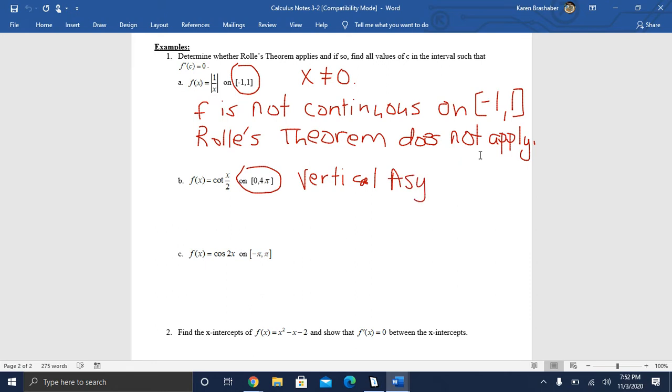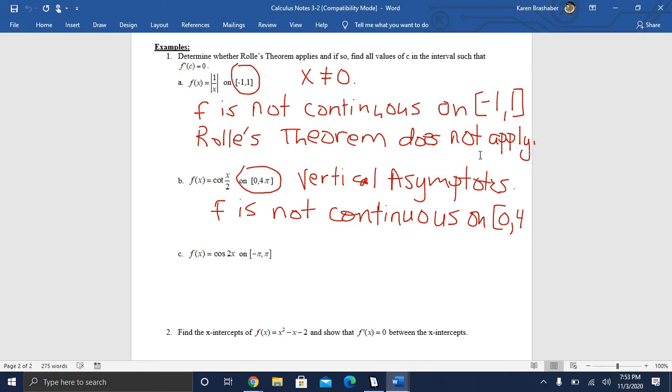And so therefore, f is not continuous on the interval from 0 to 4 pi, and then your conclusion is that Rolle's theorem does not apply. And if the theorem does not apply, you have no other work to complete.